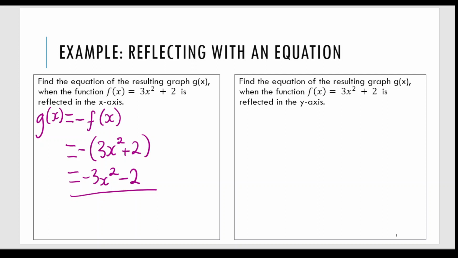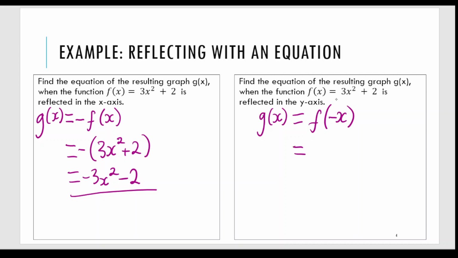Looking at the equation for our reflection in the y-axis. So we've still got f of x, same one, reflecting it in the y-axis. In this case, we now change it slightly. We have f of negative x. So we've got g of x equal to f of negative x.